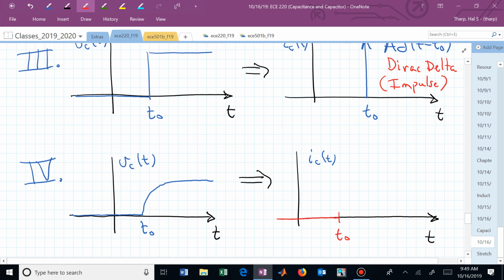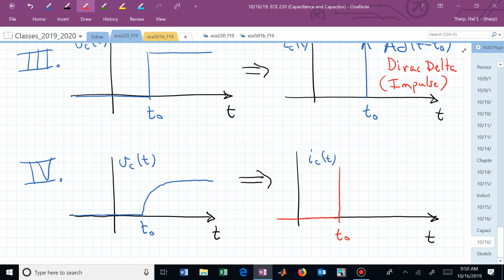It doesn't have any current flow up to time t0. Then we are getting almost a step change, but this is now an exponential. So we go up, but then what's going to happen after a fair length of time to our current?